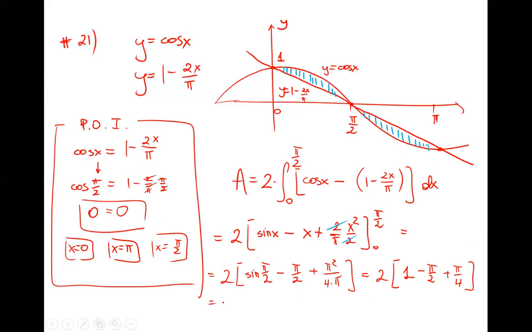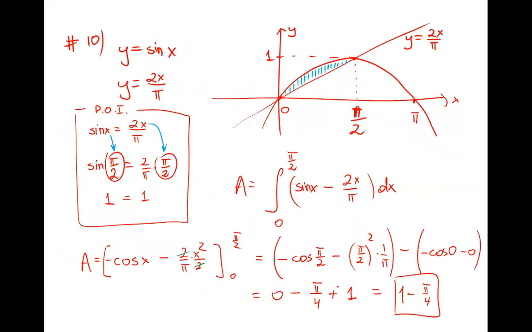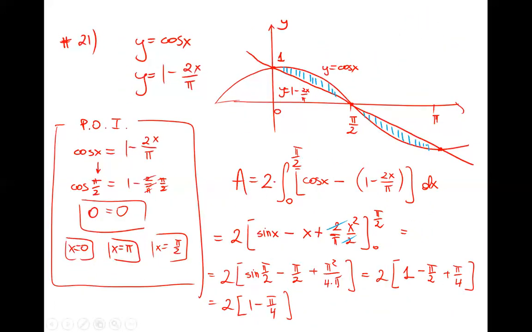Okay, that means we do have 2, 1, a half and a quarter. The difference is a quarter and the negative. Okay, that means distributing the 2, I have 2 minus pi over 2, and that's the correct answer.